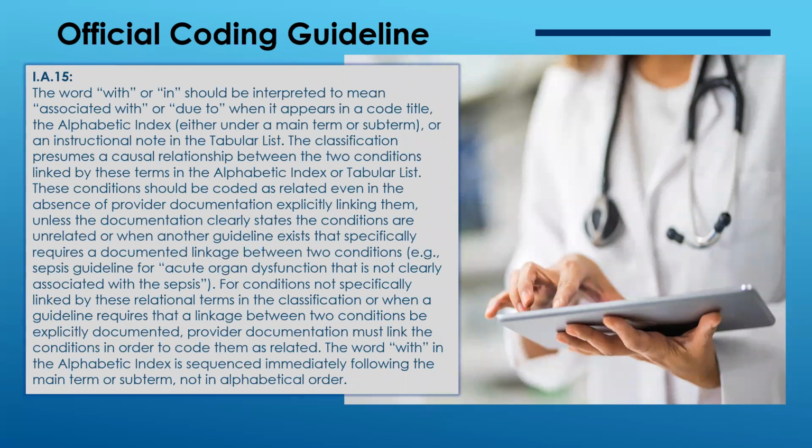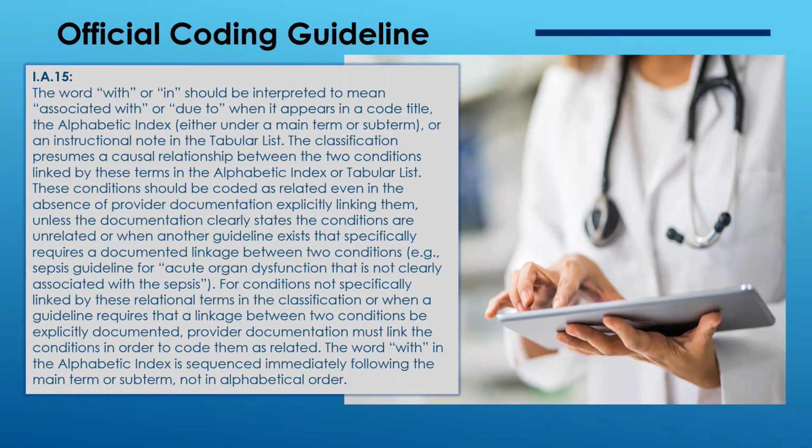The guideline says the word with or in should be interpreted to mean associated with or due to when it appears in a code title, in the alphabetic index, either under a main term or a subterm, or as an instructional note in the tabular list. The classification presumes a causal relationship between the two conditions linked by these terms in the alphabetic index or the tabular list.